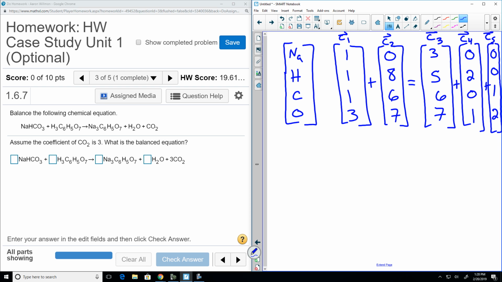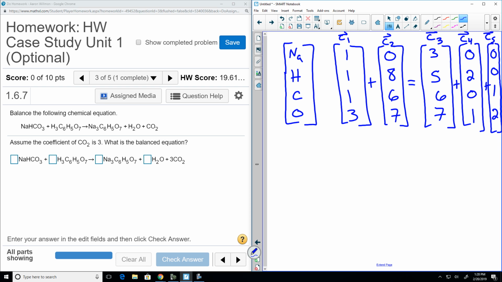So we want to know how much of each compound is going on in order for these to equal out. Okay. And I'm given that this guy's 3. There's 3 of these carbon dioxide compounds. So all these others are multiplied by how many of them there are, right?